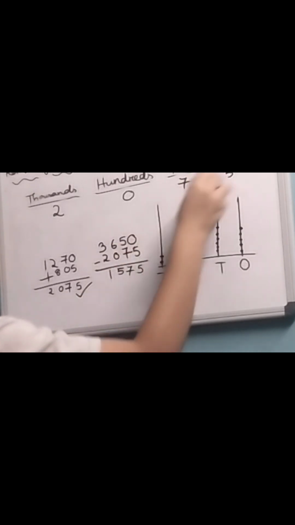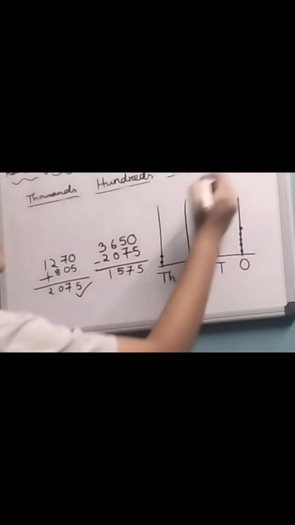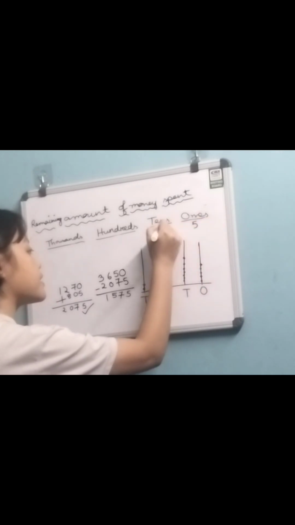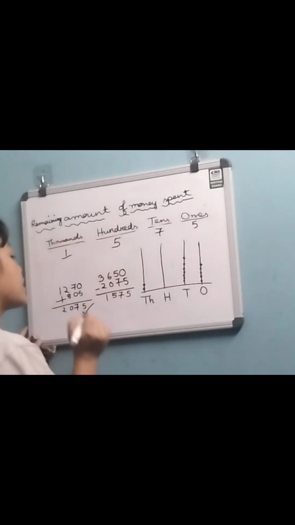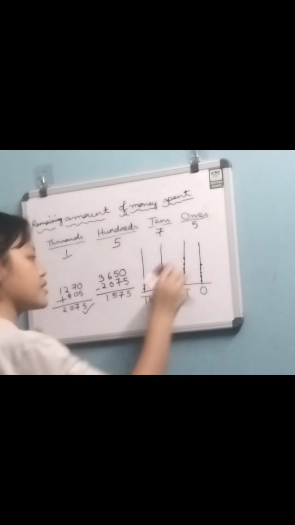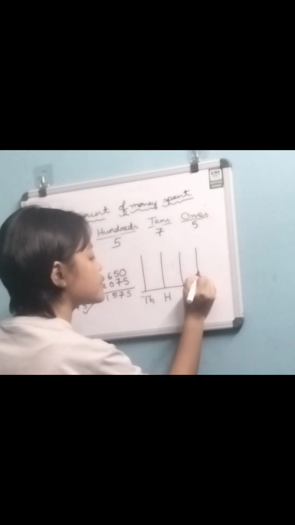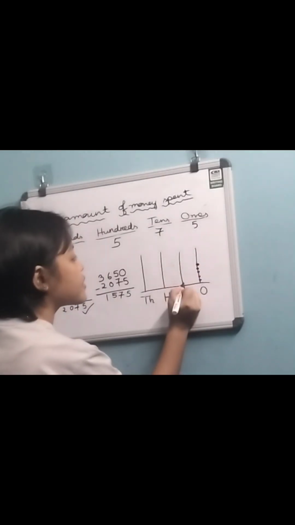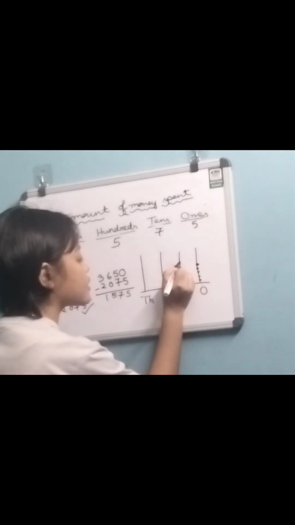So let's write this here. First of all, we have to write 5, 7, 5, and 1. Now let's draw this in abacus. In place of ones, we have 5, 1, 2, 3, 4, 5. Then in place of tens, we have 7, 1, 2, 3, 4, 5, 6, 7.